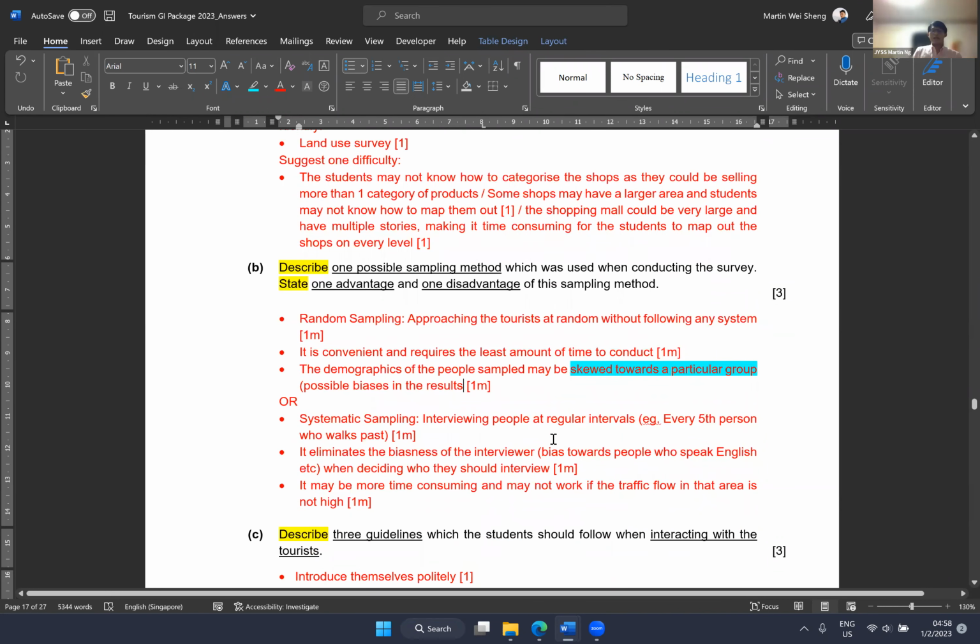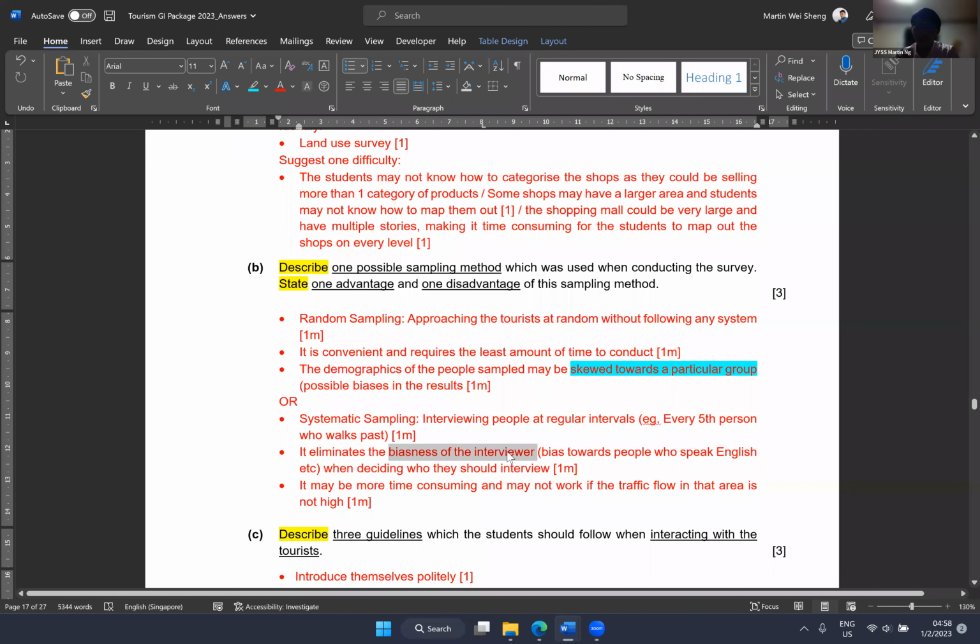Now, the second possible answer would be systematic sampling. Over here, they could be interviewing people at regular intervals. For example, every fifth tourist that walks past them, they would interview the person. What is advantageous about this? It eliminates the bias of the interviewer.